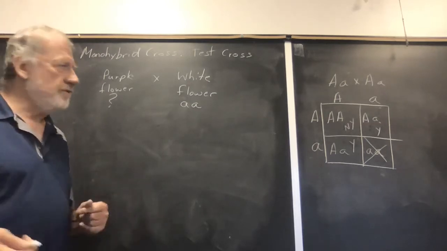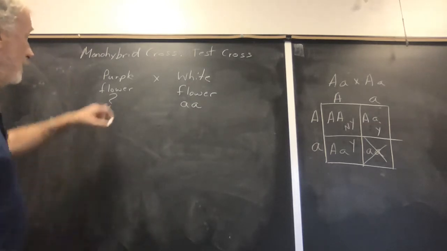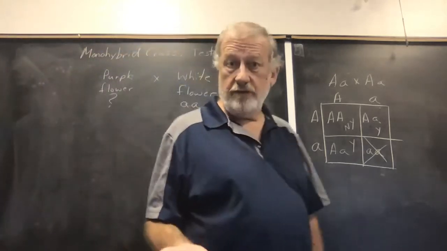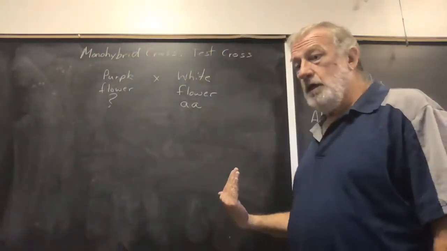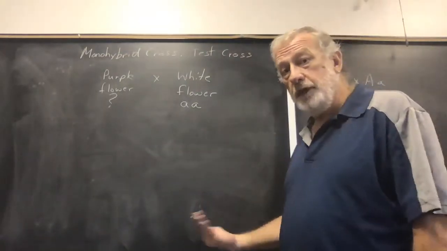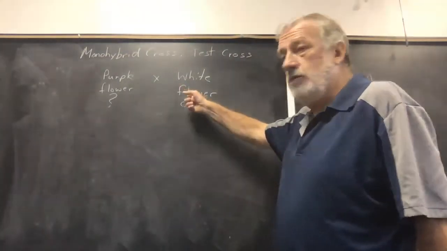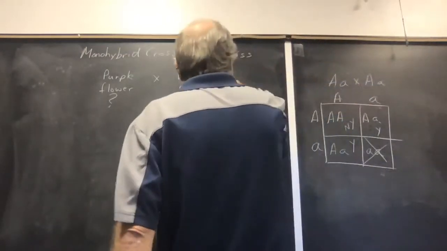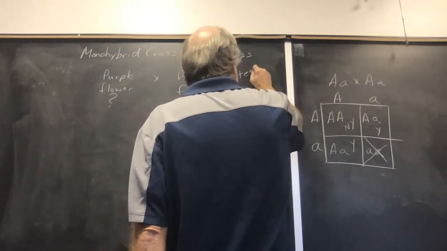All he knew about was phenotypes. And so if you get yourself a plant that shows a dominant trait like purple flowers, how do you know if it's true breeding or homozygous or not true breeding or heterozygous? Cross it with a homozygous recessive individual. And this individual, by the way, is referred to as the tester.